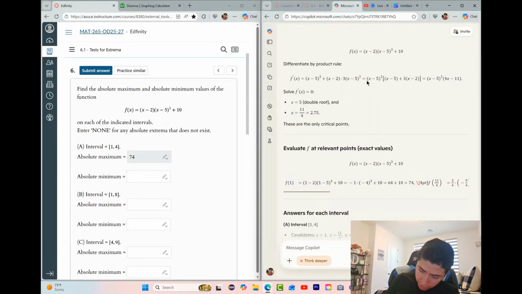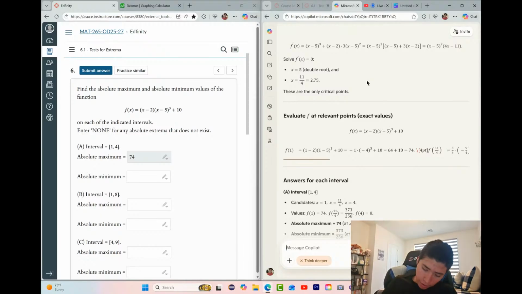So we get times 3x minus 6 plus x minus 5. And by simplifying, times to the power of 2, right? We have 4x minus 11. Perfect. Yeah, what you got.